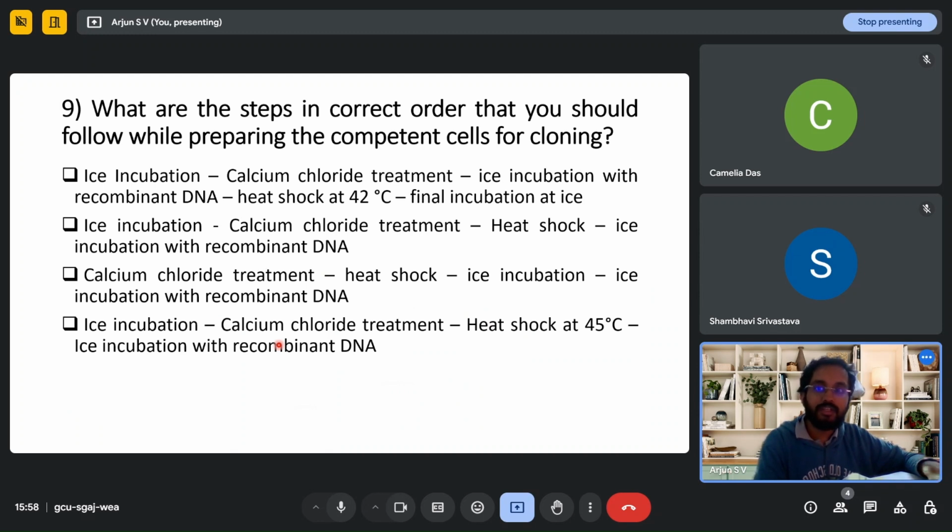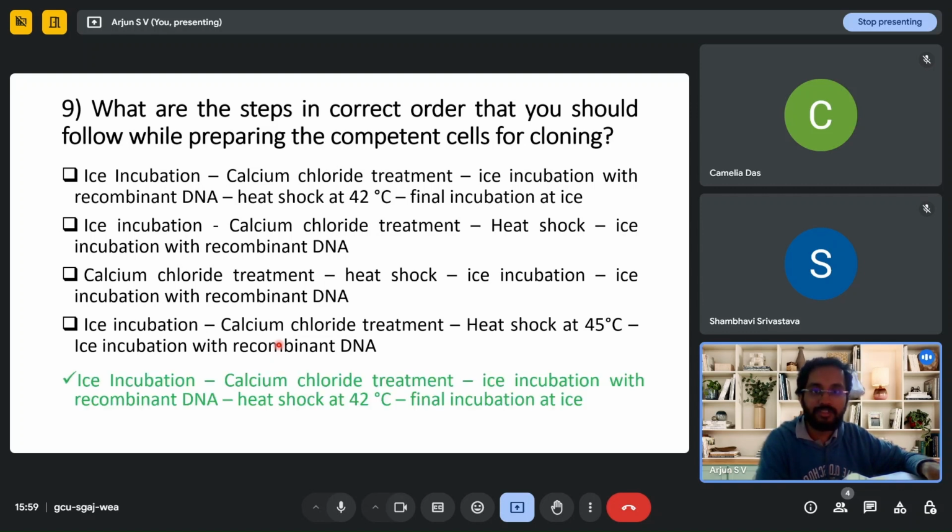So ninth question: what are the steps in correct order that you should follow while preparing the competent cells for cloning? This is also a pretty straightforward question. We just saw cloning, and we just need to accurately predict what the correct steps are.